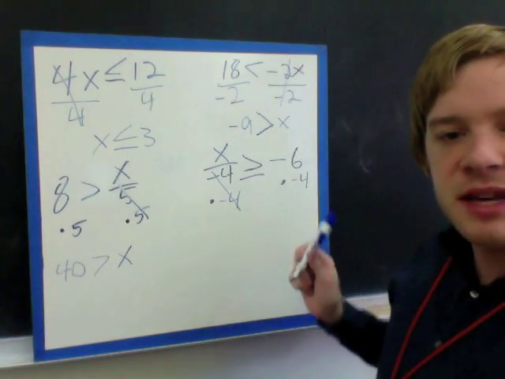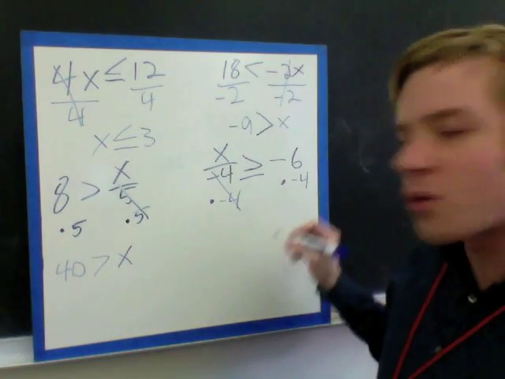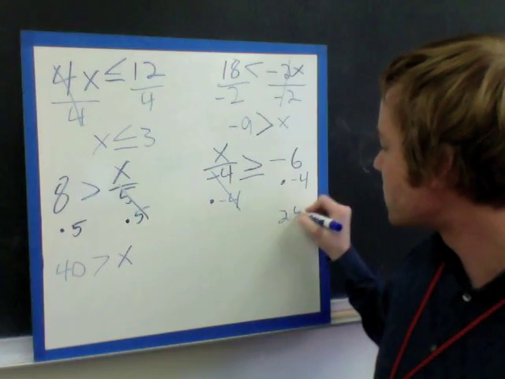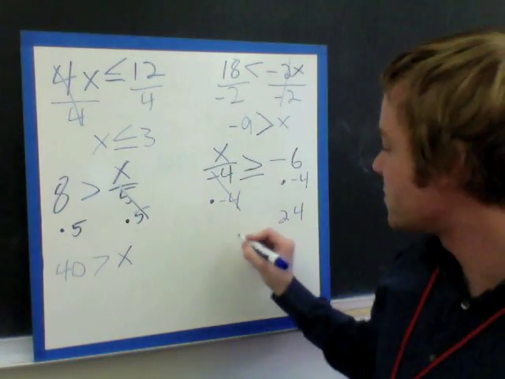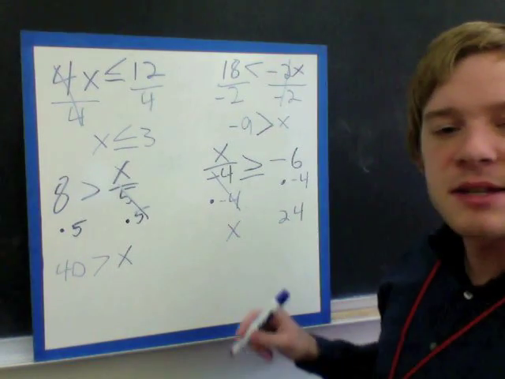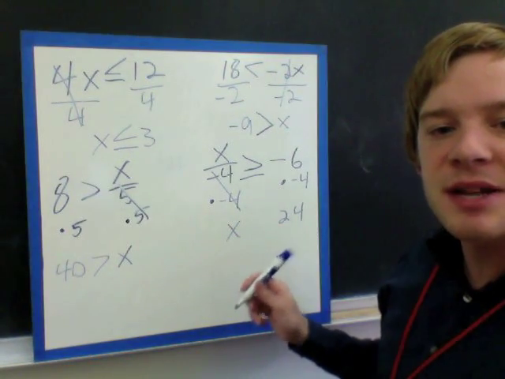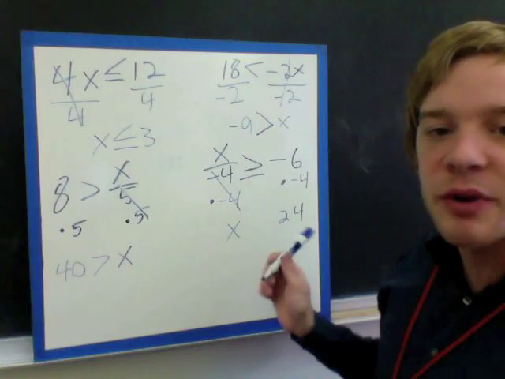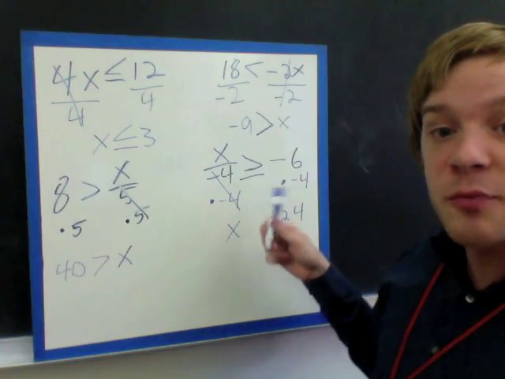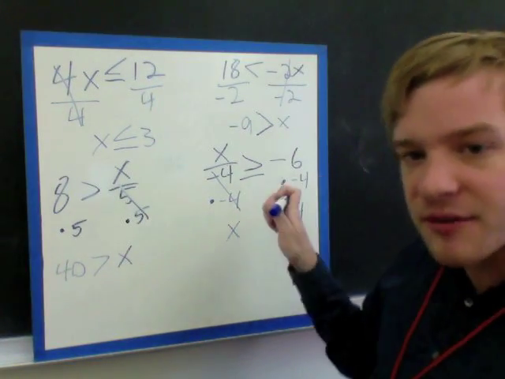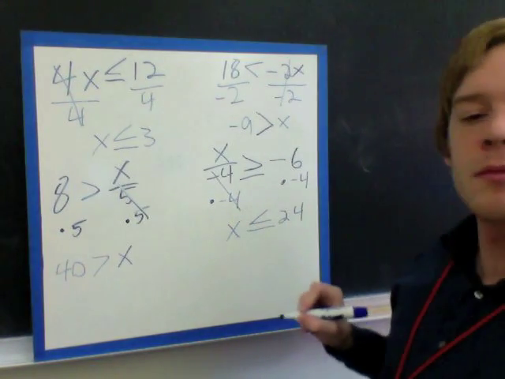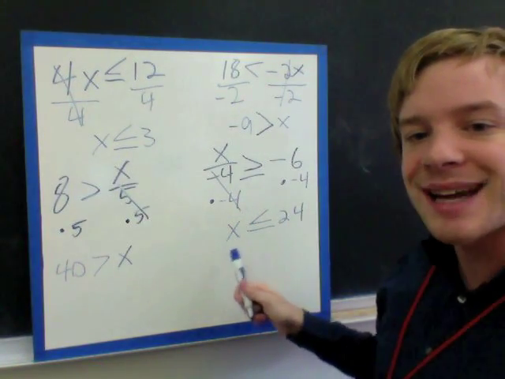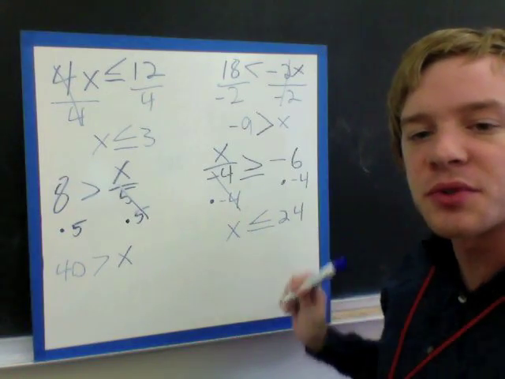And negative 6 times negative 4 will be positive 24. The x comes down because that's by itself now. And since I multiplied by a negative number, my sign now needs to switch. It needs to point the other direction. So now, instead of pointing to the right, it's going to point to the left. So what I get here is x is less than or equal to 24.